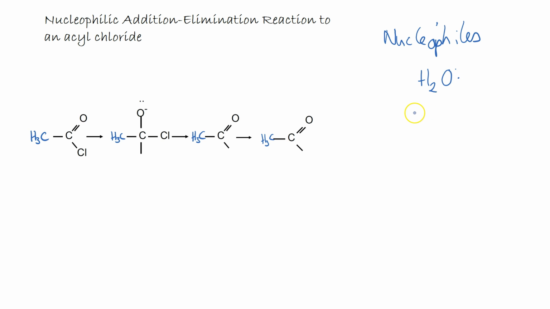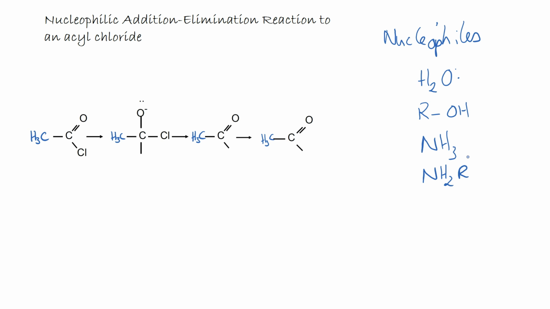We could have an alcohol, which is going to be ROH. We can have ammonia, NH3, and we can also have an amine, and that can be either a secondary, primary, or tertiary amine.